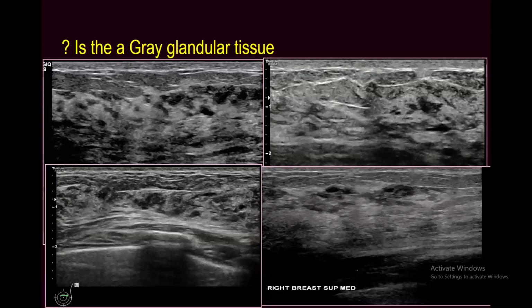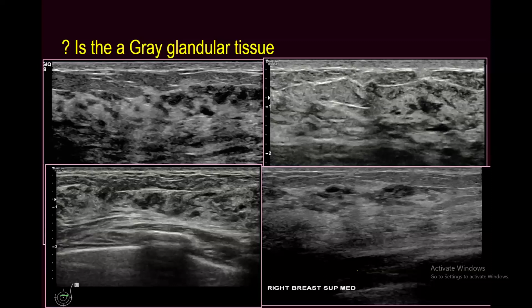Is it just gray glandular tissue, or is there pathology in these structures? Can you consider it normal? In other words, can you consider this ultrasound normal, or do you rate it as pathology?